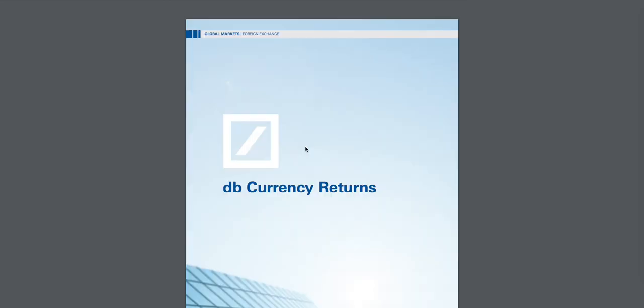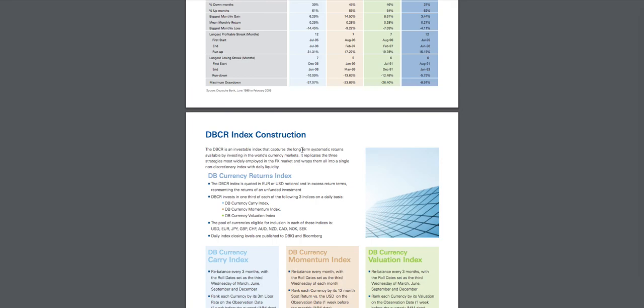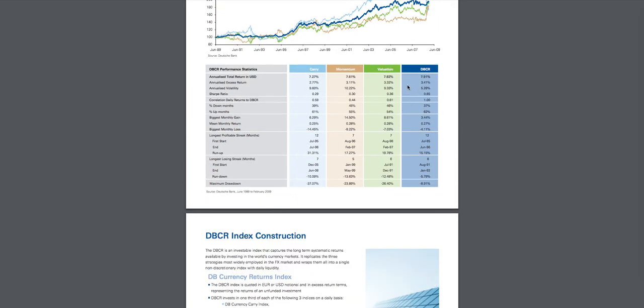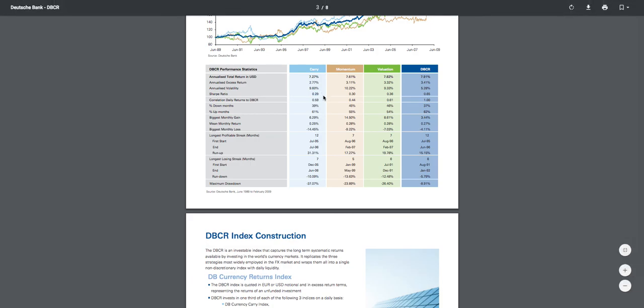And just to go back to the Sharpe ratio, I don't think I went over this, but if you're looking to compare your Sharpe ratio of a passive strategy, then you're going to want to benchmark to these values. So if you're only a carry trader, you're going to want a Sharpe ratio of 0.29.